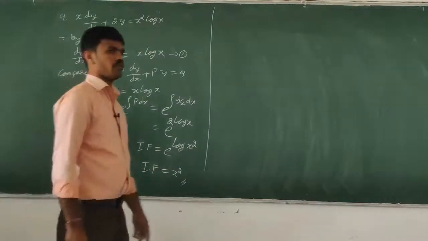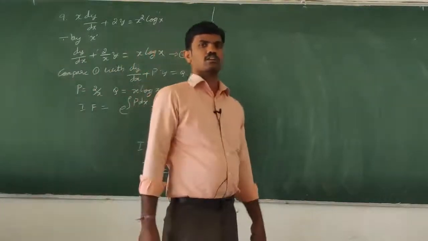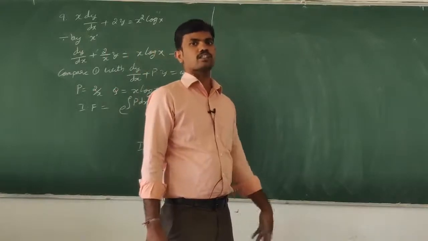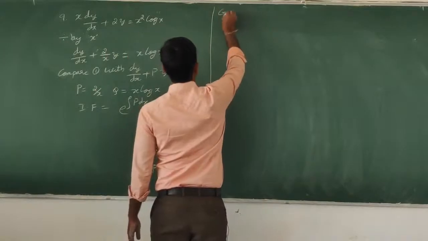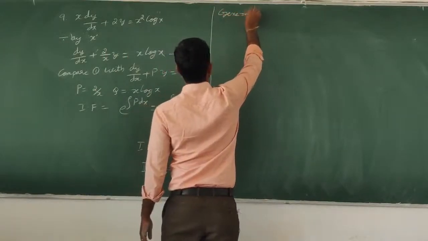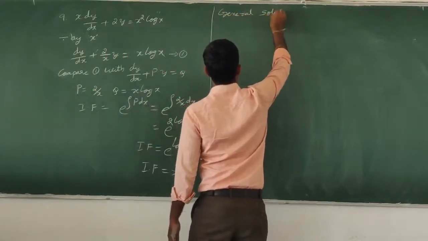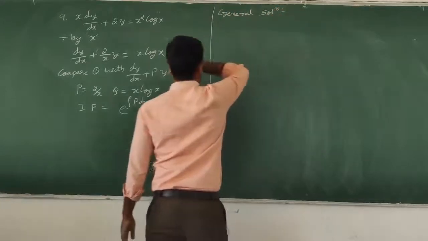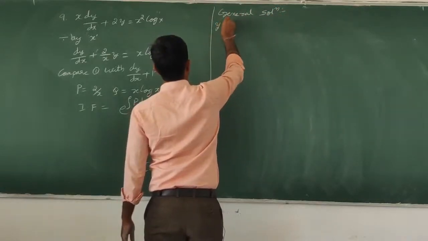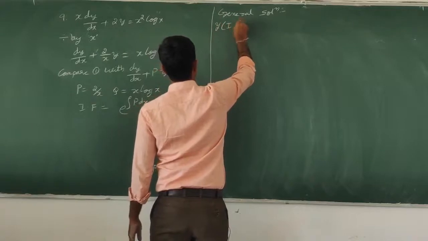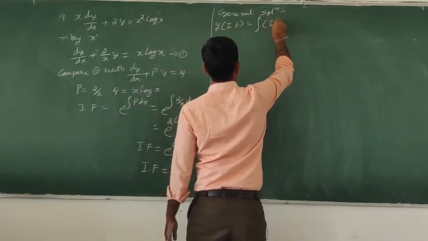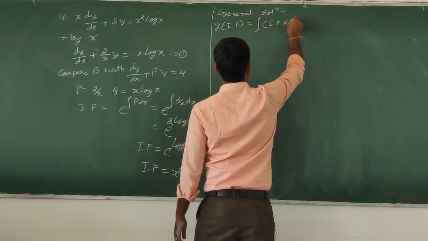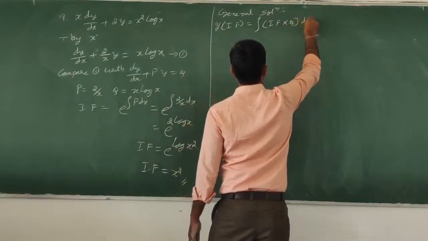Once you got the value of integration factor, step 2 is over. So third step is how to find the general solution. For that we have to use the formula y into integration factor is equal to integration of integration factor into q whole dx plus c.